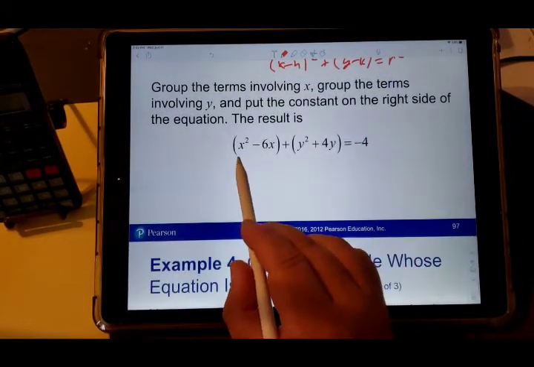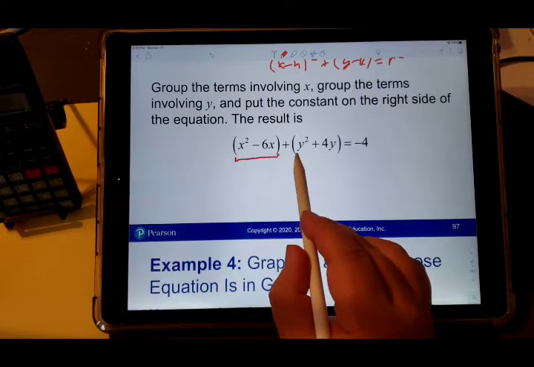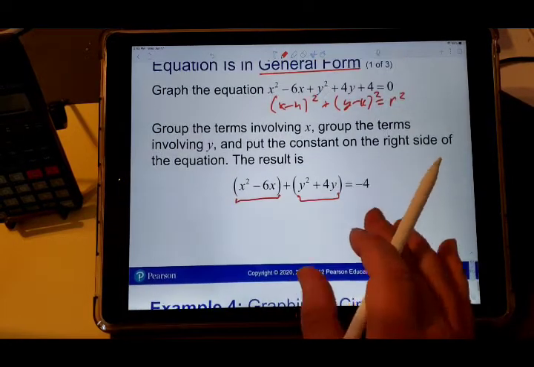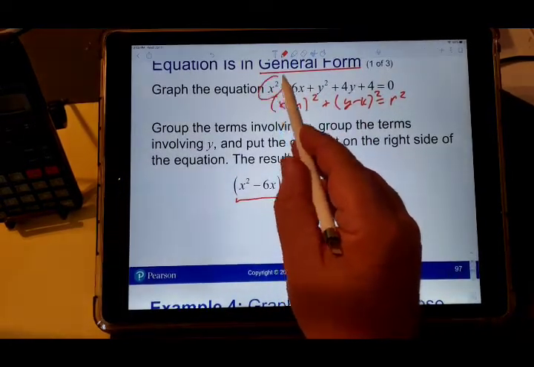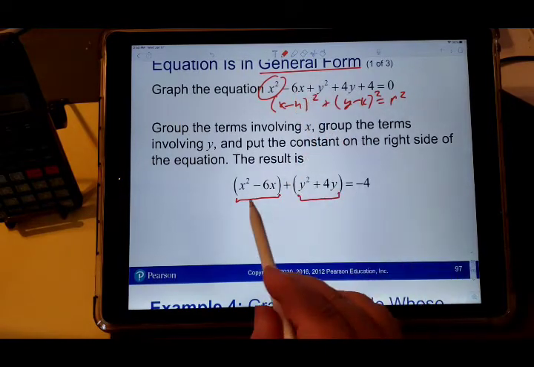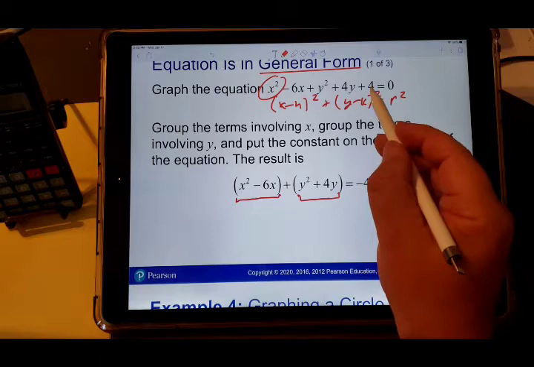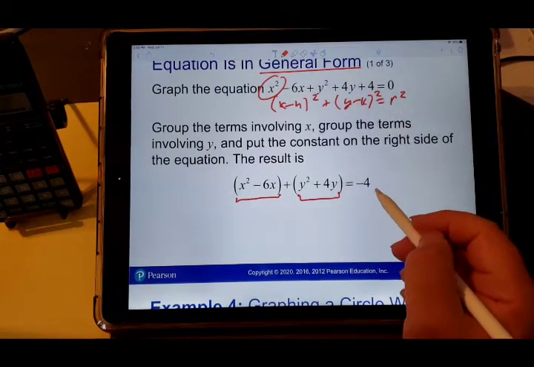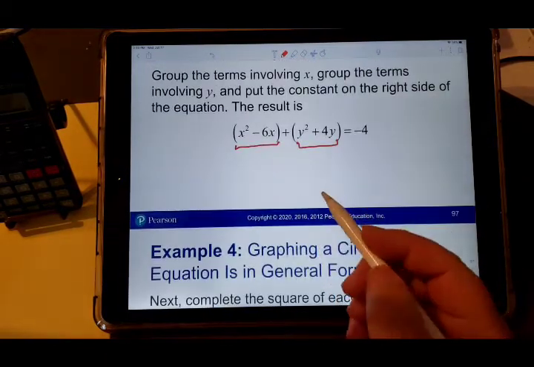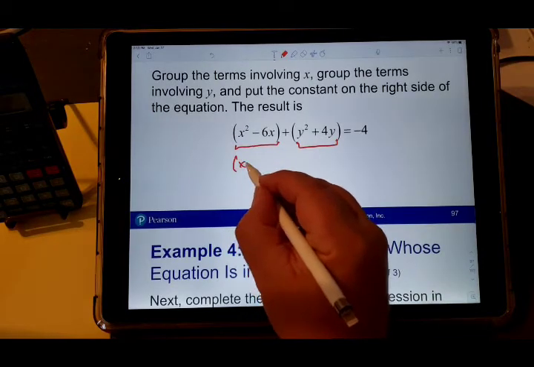So if nothing else, we could put the parentheses in here. Didn't really do much math, just took the x and the 6x, put them next to each other, put these next to each other, and took this 4, subtracted 4 from both sides, and I have this. I like to write it down this way, this step.